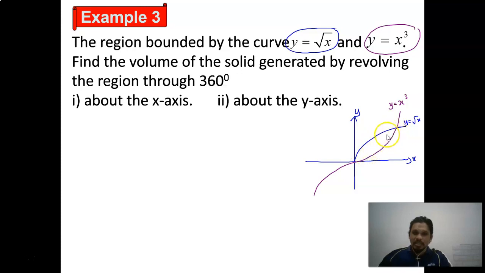Just imagine that this area is rotated 360 degrees about the x-axis, or about the y-axis. If I sketch the rotation about the y-axis, it's something like this.